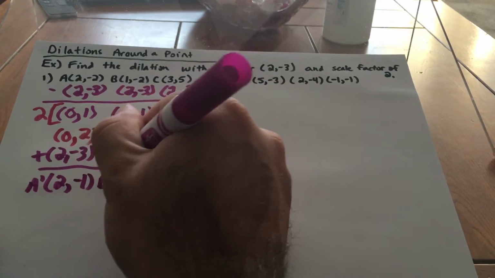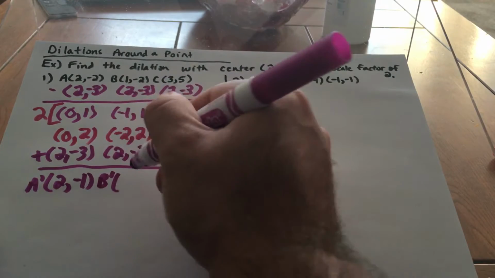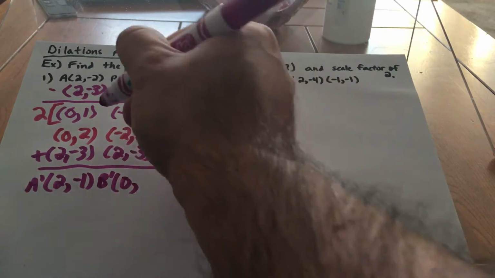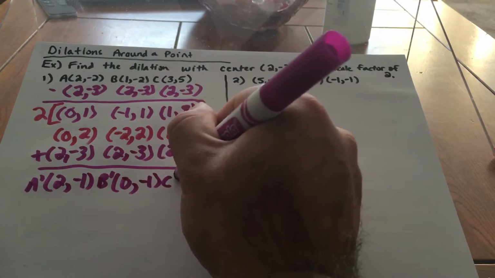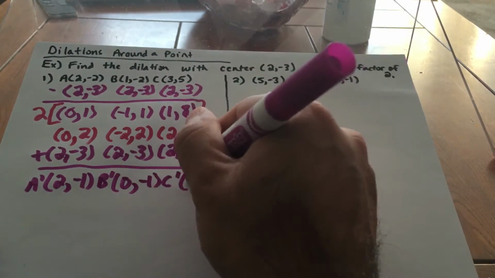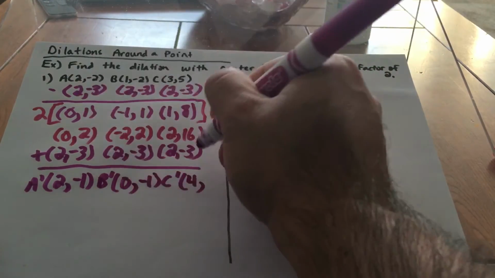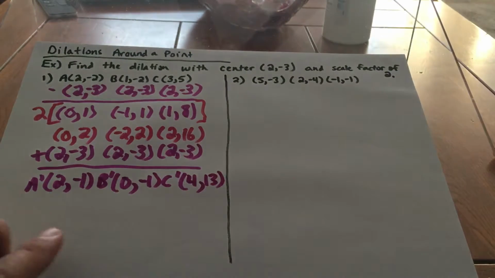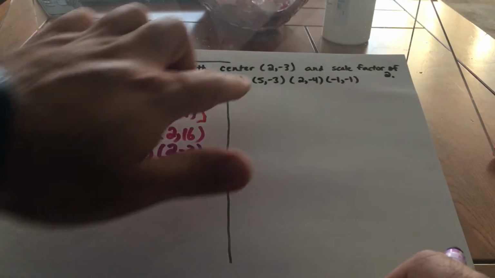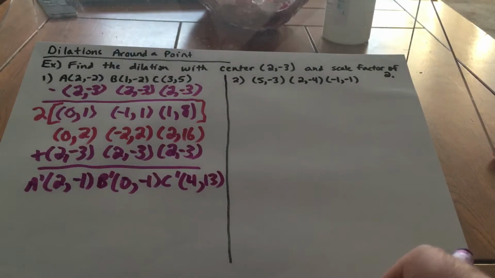The next one will be our B prime. -2 plus 2 is 0. 2 plus a -3, or 2 minus 3 is -1. And then our C prime will be 2 plus 2 is 4. 16 plus a -3 or -3 will be 13. And this is our dilated image with a center of (2, -3).